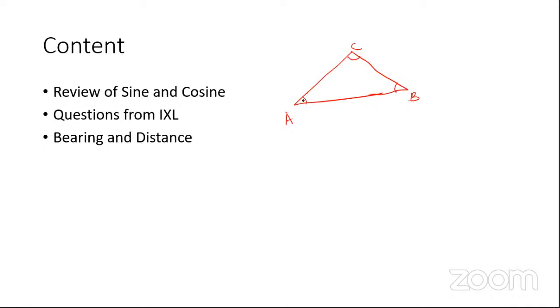So in a case where we have been given a side, let's say side small a, and the corresponding angle A, we say the sine rule is a over sine A, which equals b over sine B, which equals c over sine C. So that was our conclusion for the sine rule.